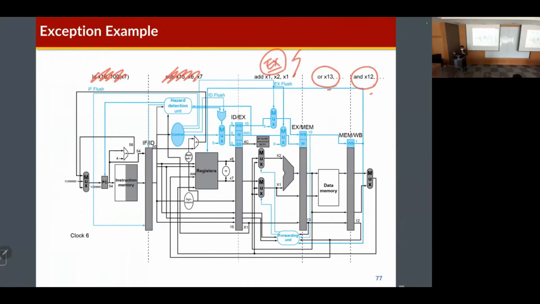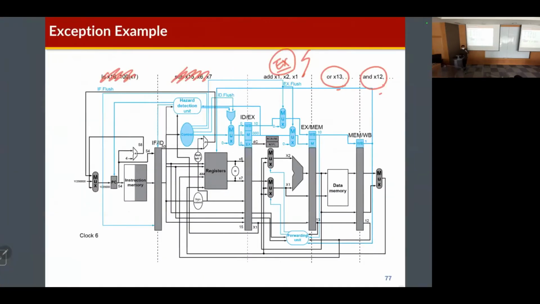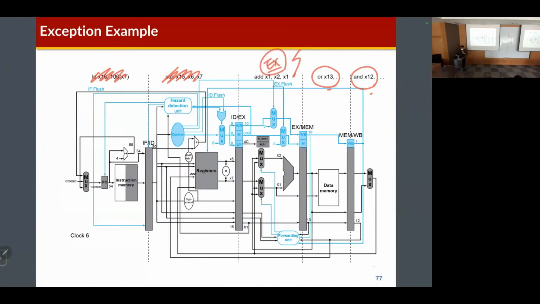As the exception is detected, the code in the exception handler should be executed by the processor, which means that we need to jump to this instruction. So the program counter is changed to 1C09000.